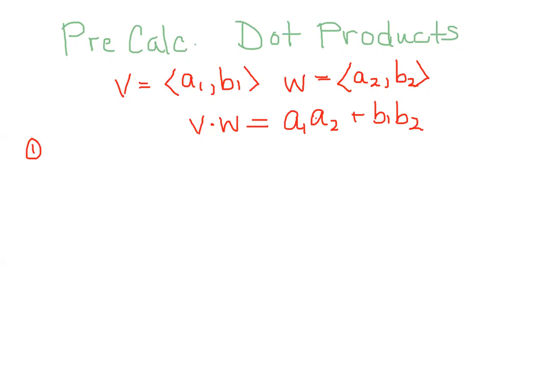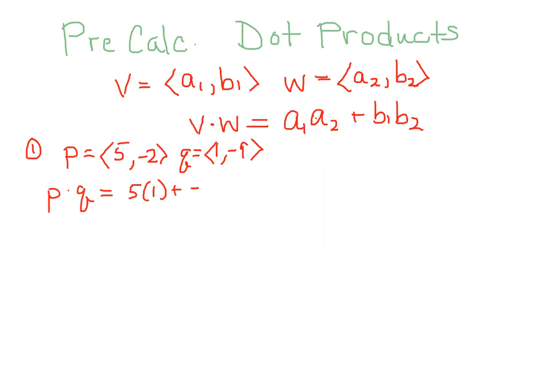Number one, we've got P is 5, -2, and Q is 1, -9. The dot product, P dot Q, is 5 times 1 plus -2 times -9, or 5 plus 18, which equals 23.